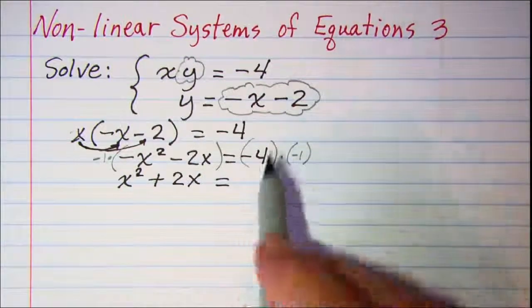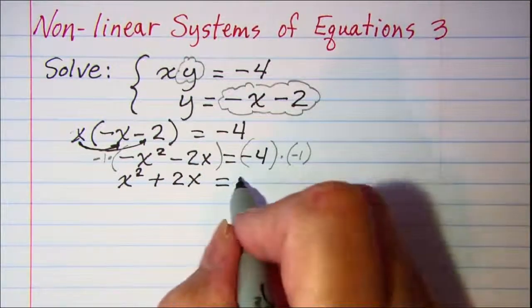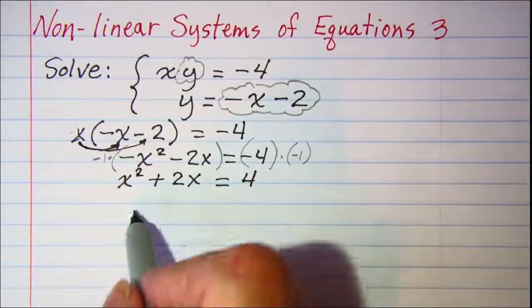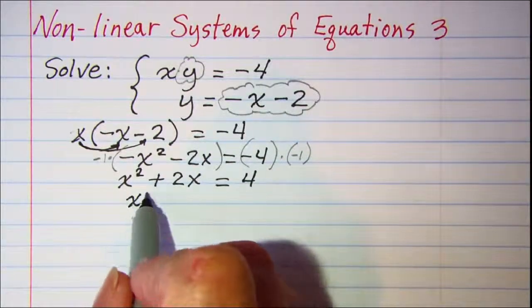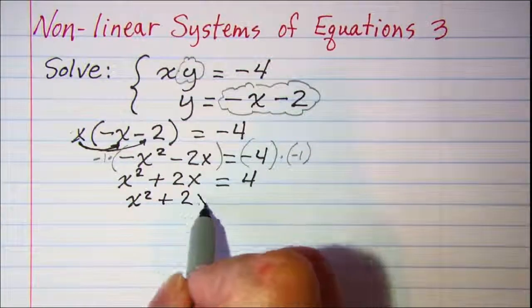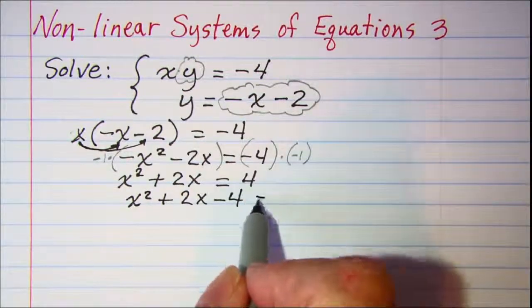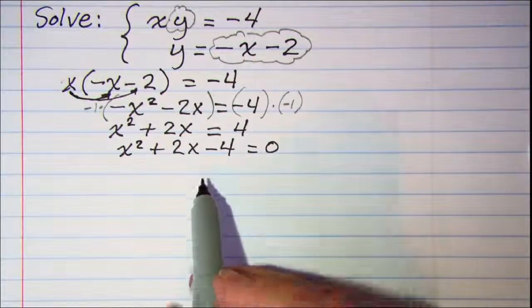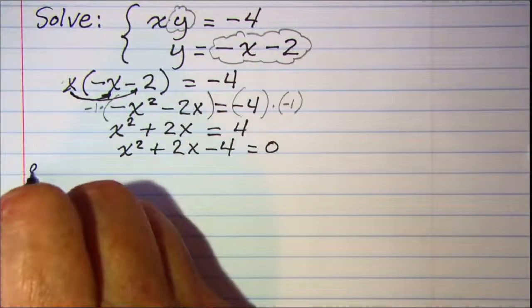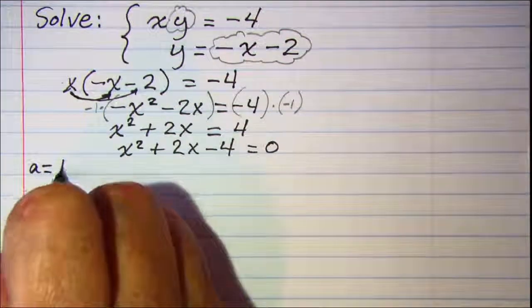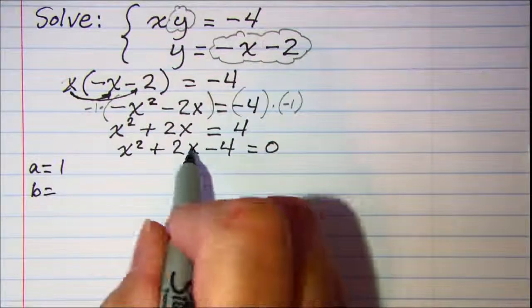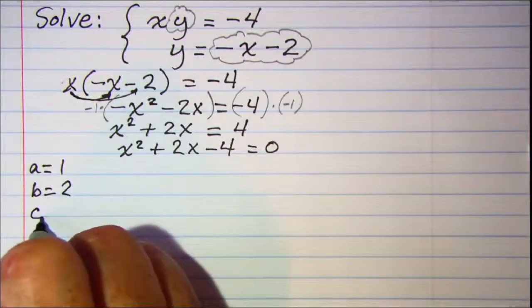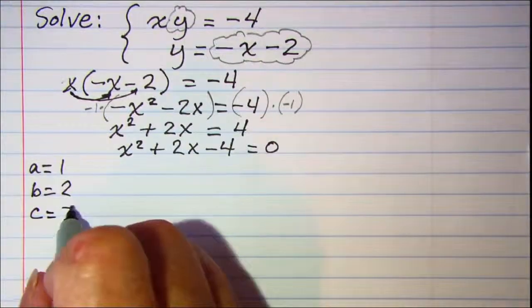And then equals -4 times -1 is 4. This is the same then as x squared plus 2x minus 4 equals 0. Now we'll need to use the quadratic formula on this. A is equal to 1, B is equal to 2, and C is equal to -4.